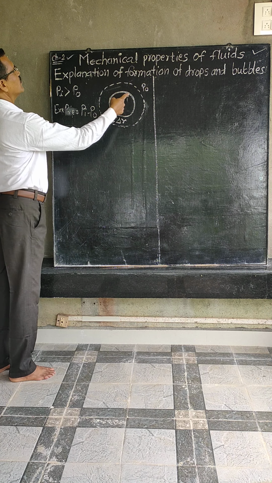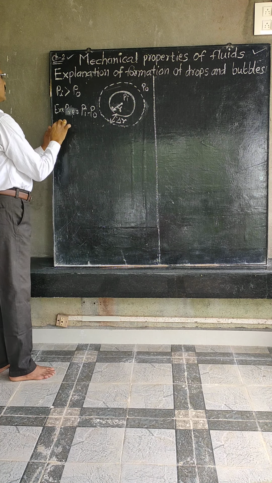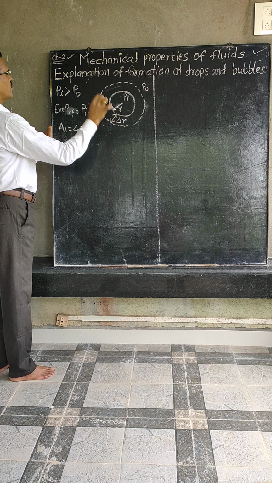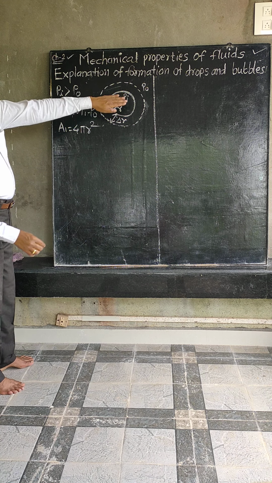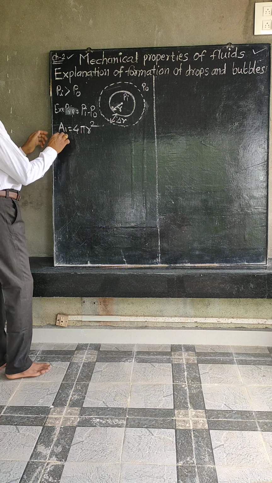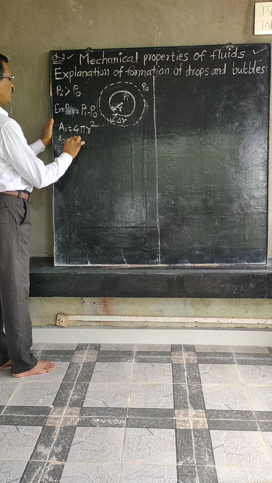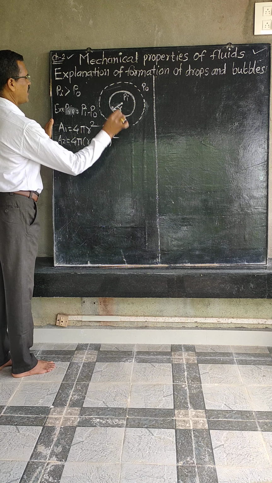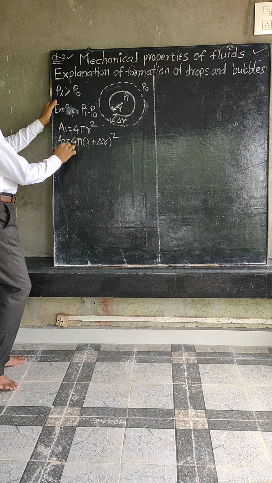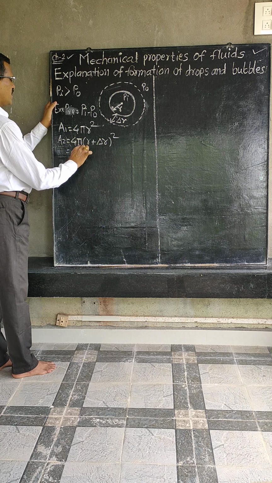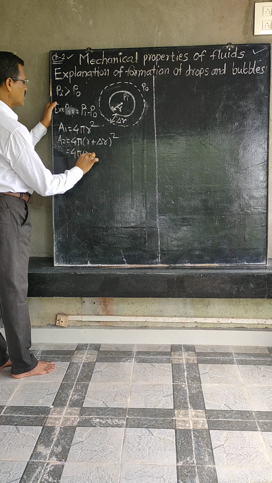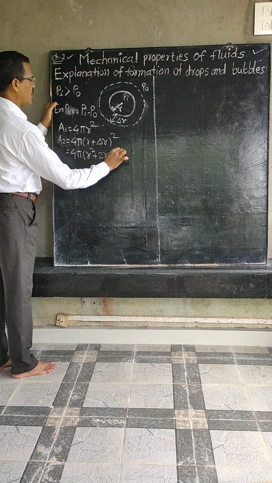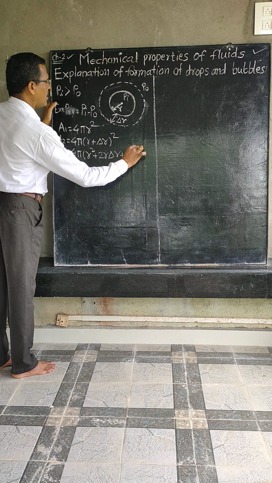Here, as this liquid drop is spherical, its initial area A1 is equal to 4 pi r square. Now, the final area of this liquid drop A2 is equal to 4 pi (r plus delta r) whole square. We can write this by expansion of the bracket as 4 pi (r square plus 2r delta r plus delta r square).